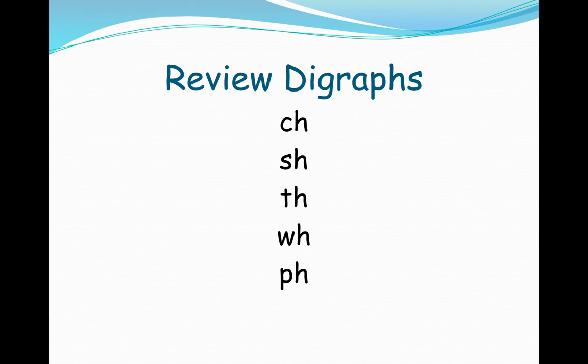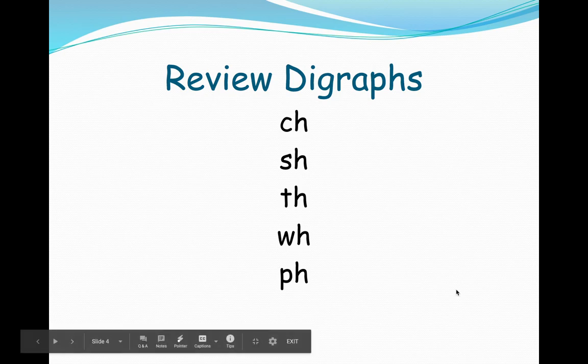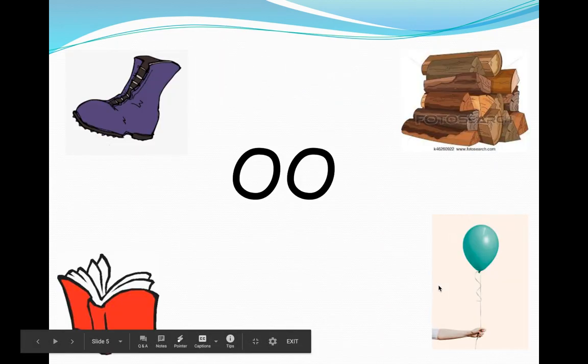T, H, put them together. Th, th, th. W, H, put them together. P, H, put them together. And those are our digraph friends. Digraphs help us with spelling patterns as well, but they also help us with spelling and writing words.